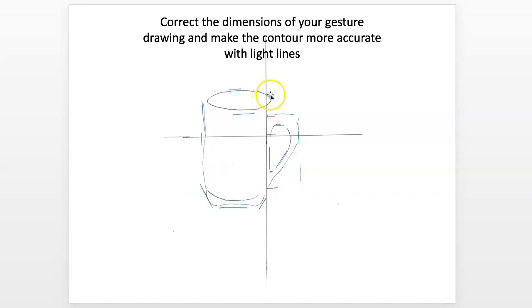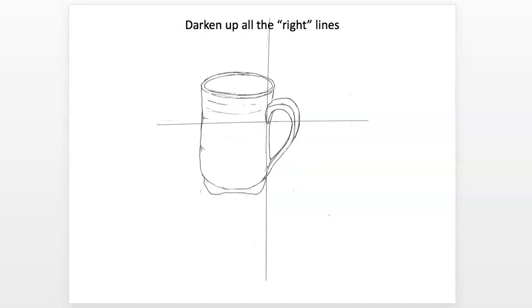Now you're going to be looking at them and carefully building them out with all the skills you've been learning through slowing your eye and your hand down and doing careful drawing. You can do this lightly at first if you want, and then at the end you're going to darken up all the right lines. So you end up with a copy of what you saw in front of you in this imaginary picture plane.